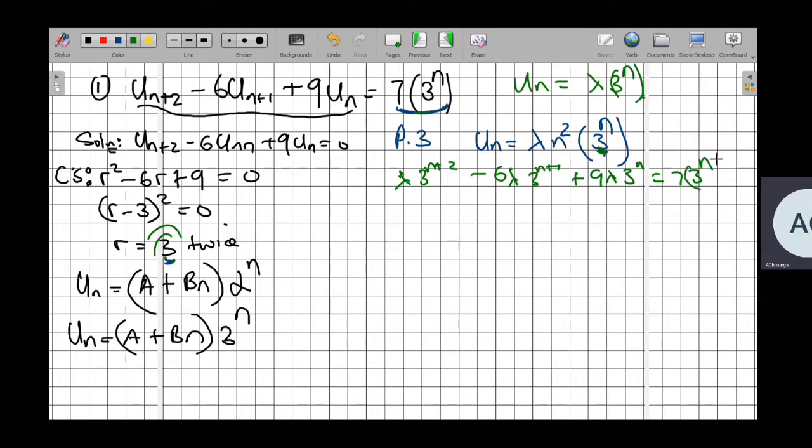So we can cancel out the 3^n. All right. So this is 3 squared, that's 9. So 9 lambda here. This is 3 times 3, that's minus 18 lambda here. This is plus 9 lambda here is equal to 7. But you see what's happening? We are going to have 0 is equal to 7. That's not workable. So that's why this form is not going to work, because of the repetition.